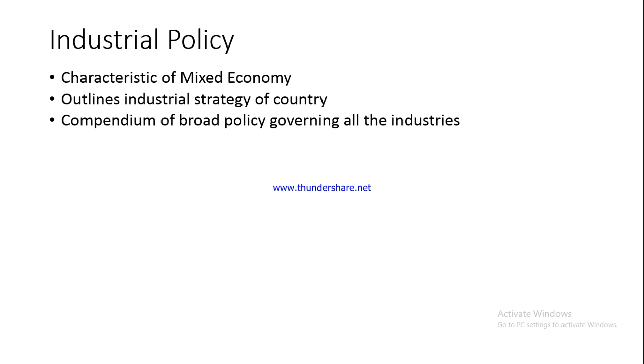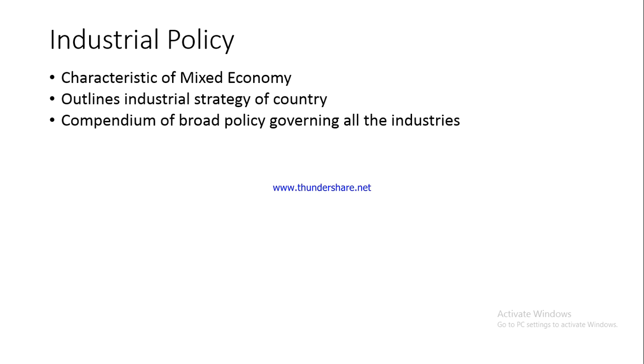This is a compendium, a collection of broad policy governing all the industries. Please understand, they are not specific policies which are mentioned in an industrial policy document. They are broad policies which provide some kind of a guideline for more specific policy making. I'm just giving an example: industrial policy might declare that the country would slowly try to increase its exports.